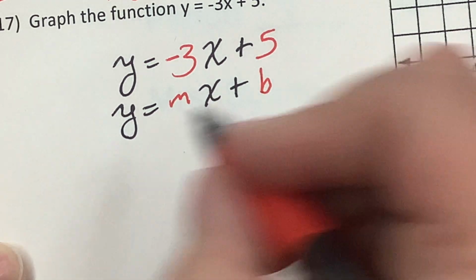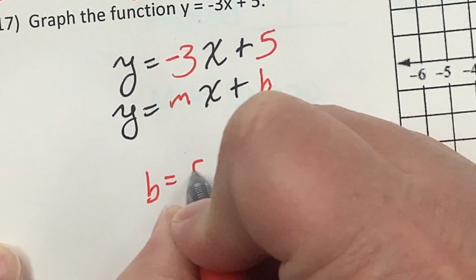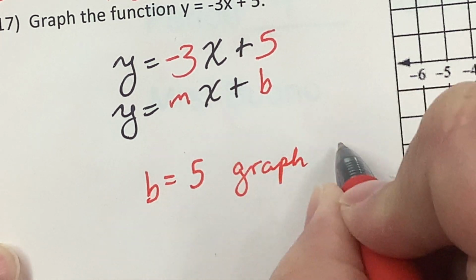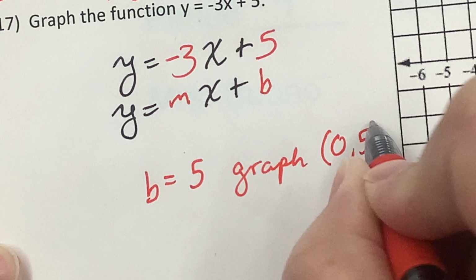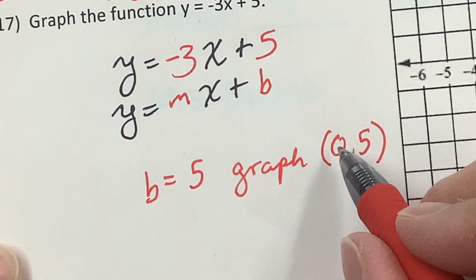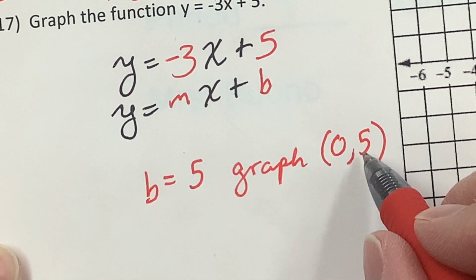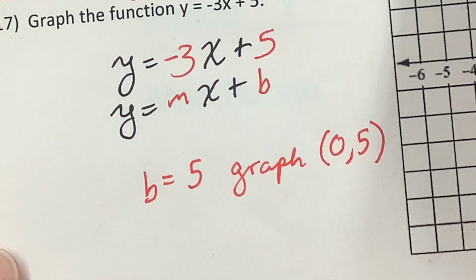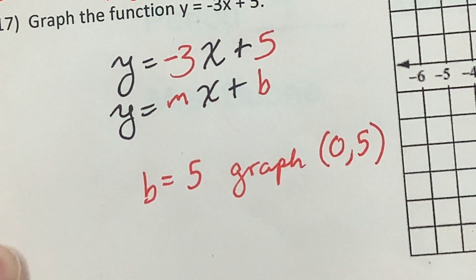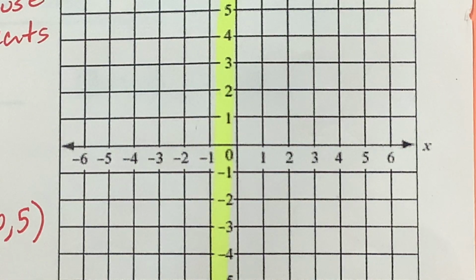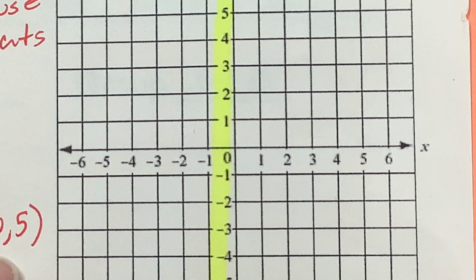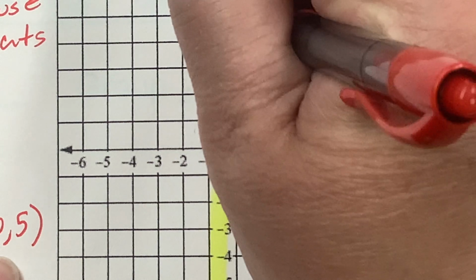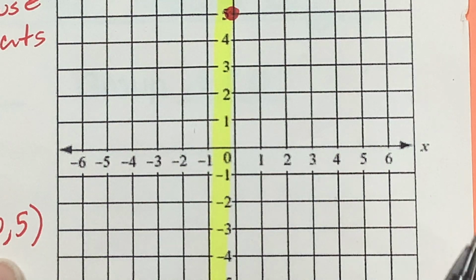Begin at the back at the b. b equals 5. So, graph (0, 5). The x value, when x is 0, b is the y value. Or you could just come over to your graph and highlight the y-axis in yellow, and then you're going to graph this point, (0, 5), right here. Begin at the b at the back is (0, 5).